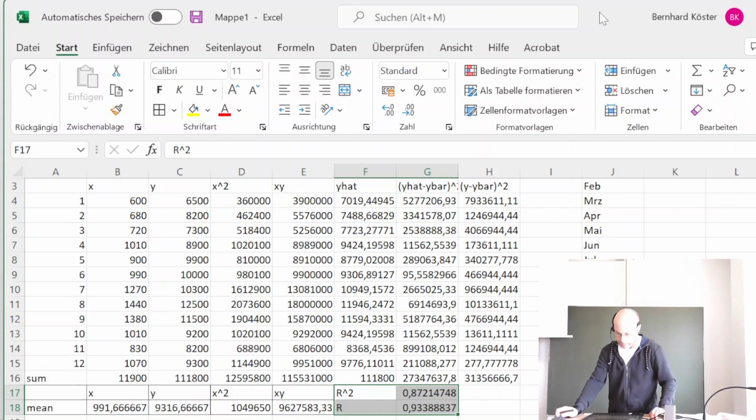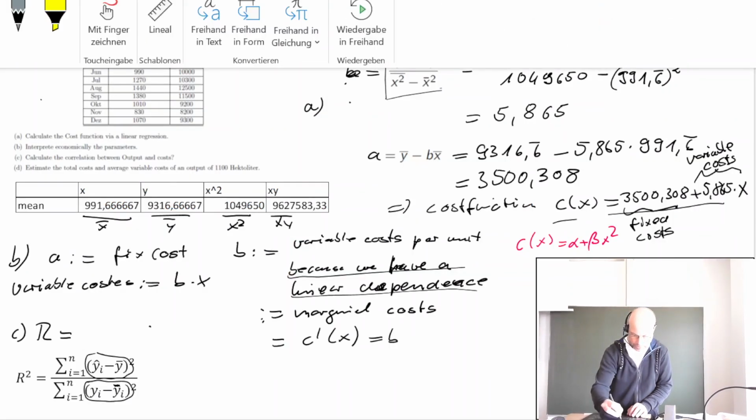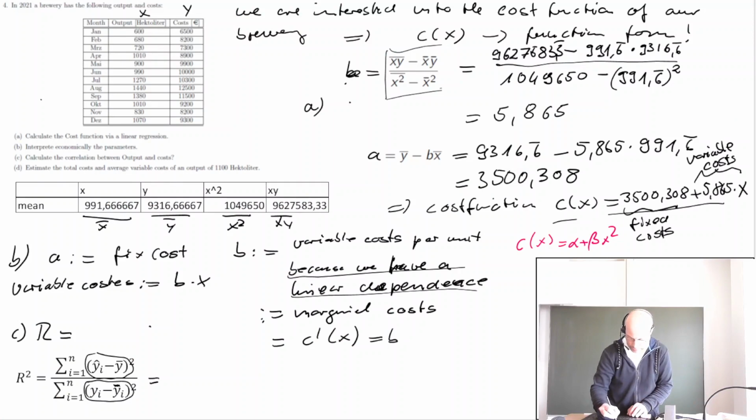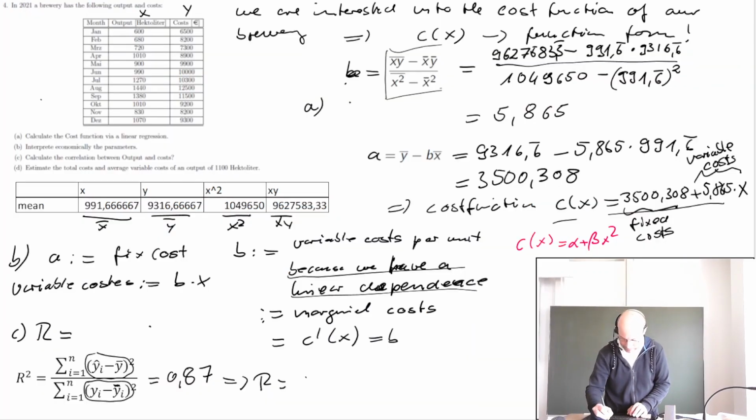So we have 87% explained by our regression, 0.87, and therefore we have R is roughly 0.93.